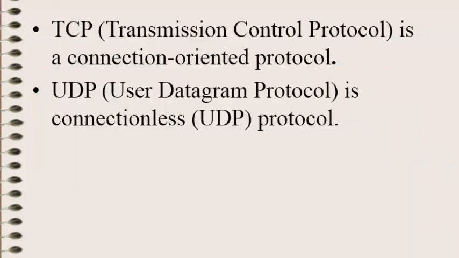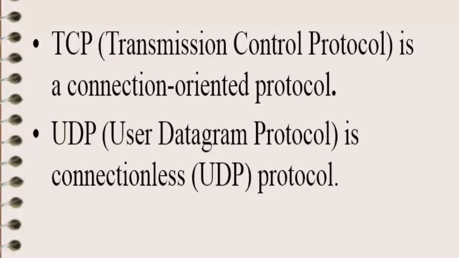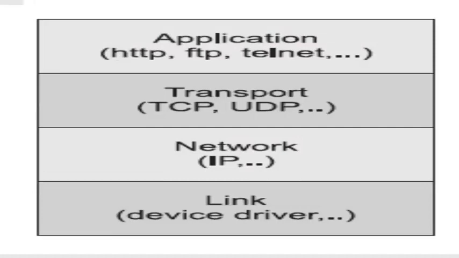Okay, so basically you got two protocols in the transport layer, which is TCP and UDP. Transmission Control Protocol is a connection oriented protocol, and UDP is a different protocol. It is a connectionless protocol. Now basically we have a client and server architecture, and we just saw the application layer and transport layer, the two important ones.